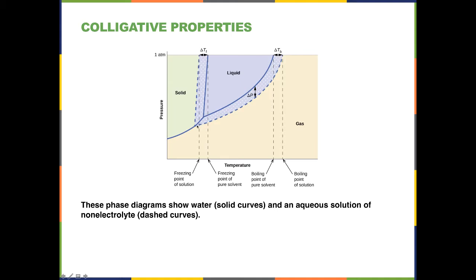You can see that if the freezing point is depressed, it affects it by lowering it in this dashed line, and that's the boiling point is depressed, and if the freezing point is depressed, then it acts over on this part of the diagram.